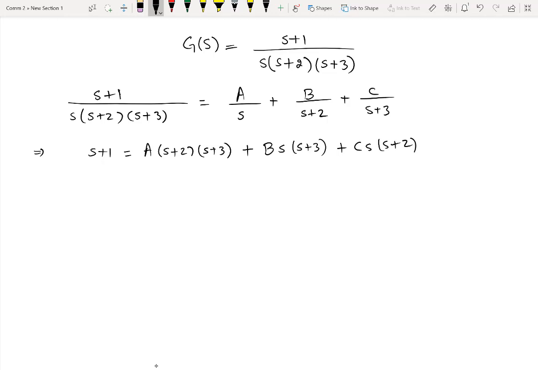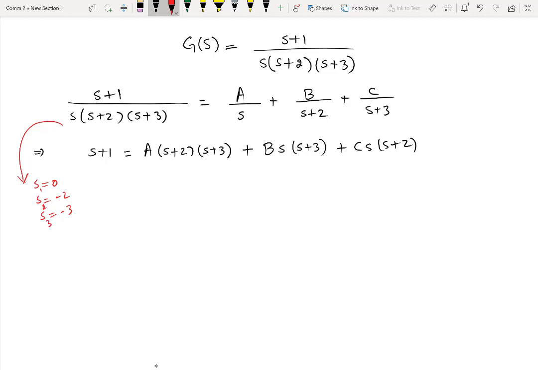Now we will compute all the roots of the denominator and put all the roots one by one. So from here the roots are s equal to 0, s equal to minus 2, and s equal to minus 3. Let's call them s1, s2, and s3.